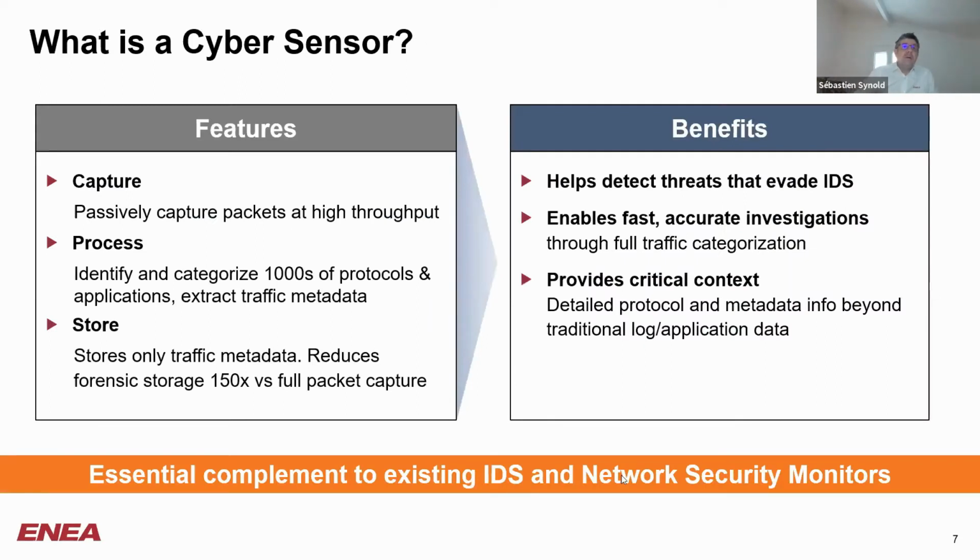The main goal of a cyber sensor is to classify every network flow up to the application level and to categorize those applications. So where a traditional intrusion detection system can detect between 50 or 100 protocols, a cyber sensor can detect thousands of protocols, and could be standard protocols or even proprietary protocols like peer-to-peer protocols.